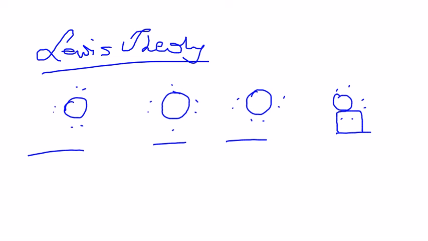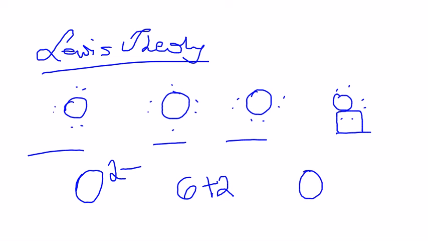On the contrary, think about oxide. In the case of oxide, it already had 6 of its own, and now you have given it 2 more. That means you have a total of 8. That's how you're going to draw the Lewis symbol for oxide, and it has 2 negative charges. You know that because it has 2 extra electrons.